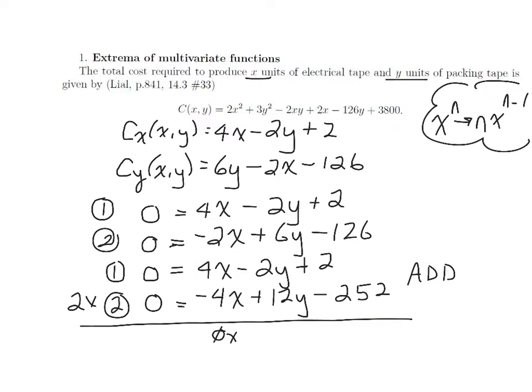I'm going to write that just so we have a visual that we've addressed that. Minus 2y plus 12y, that's going to give us 10y. And here, plus 2 and minus 252 is going to give us minus 250, and that still all equals 0. So I'm going to go to the next page, and we'll see how we can solve it from there.